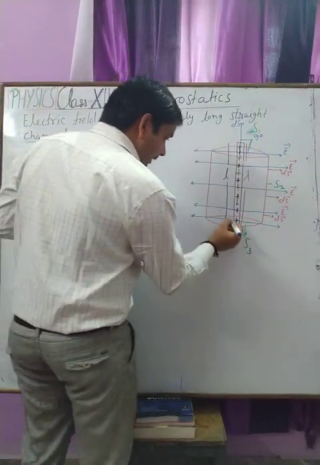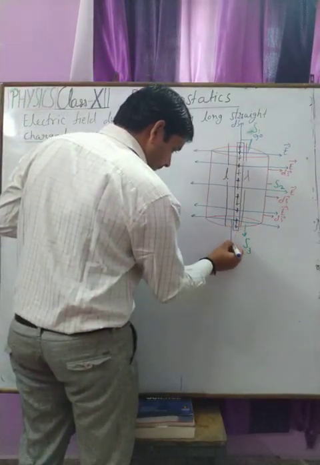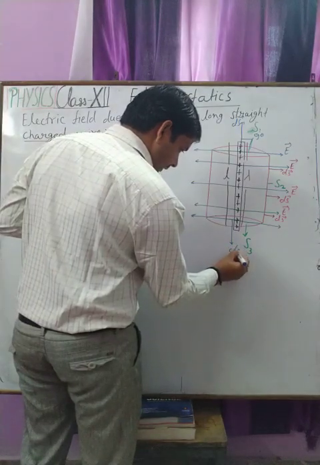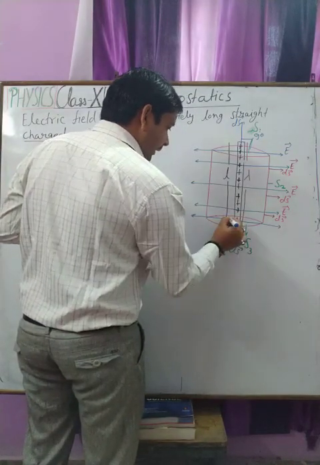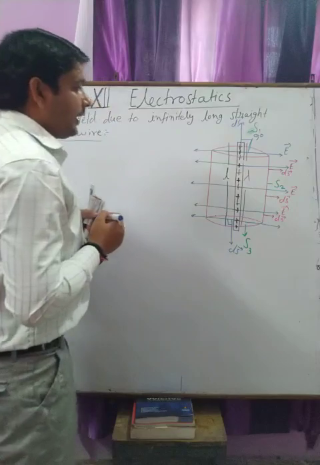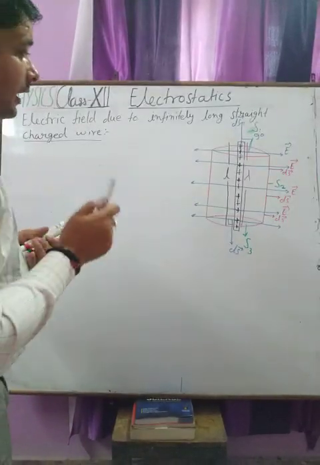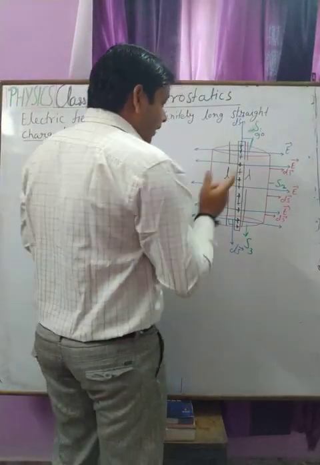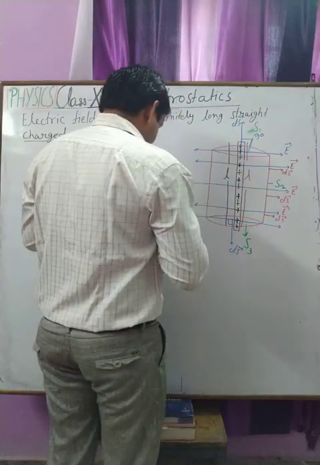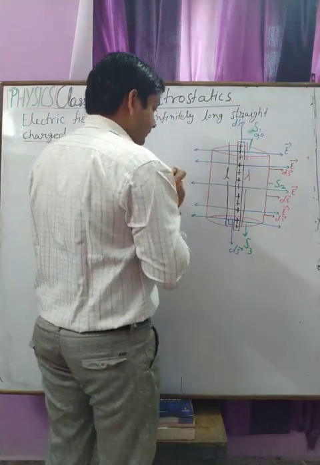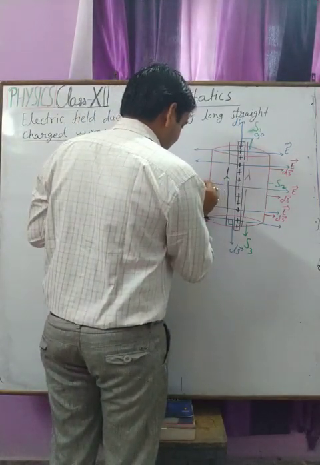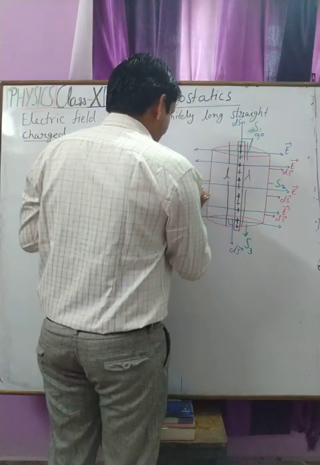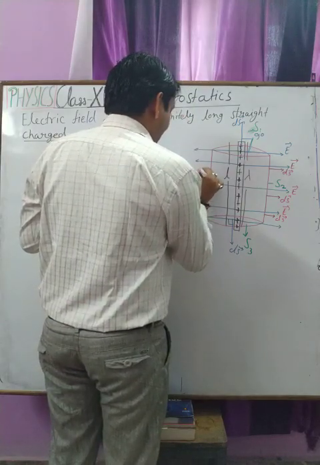And for the bottom surface, this is a small area vector and the angle is also 90. Okay. Now we find the angle between electric field and area element.